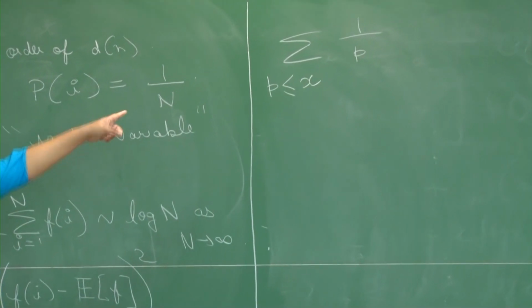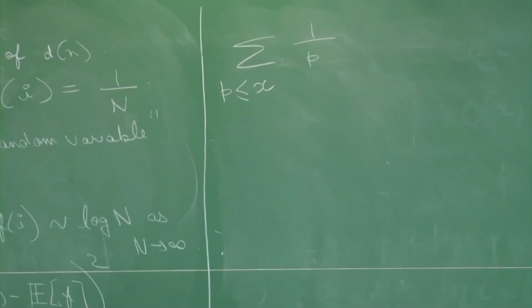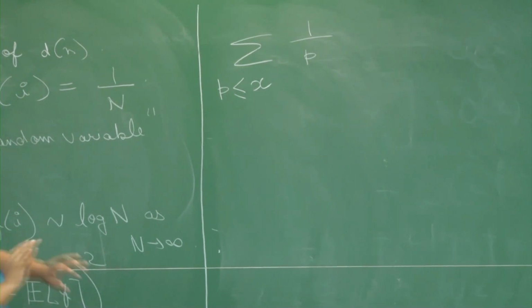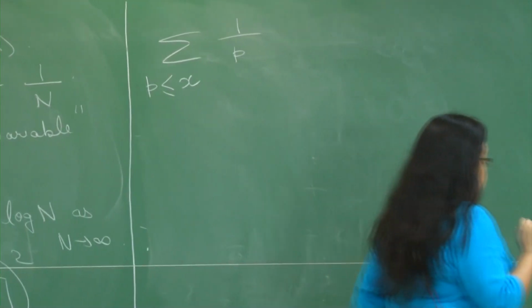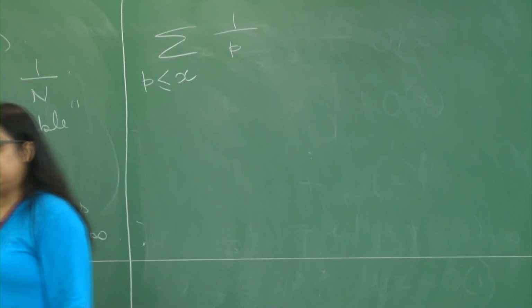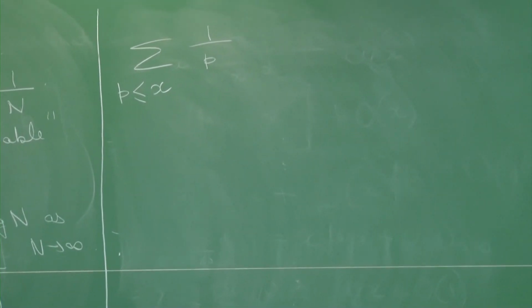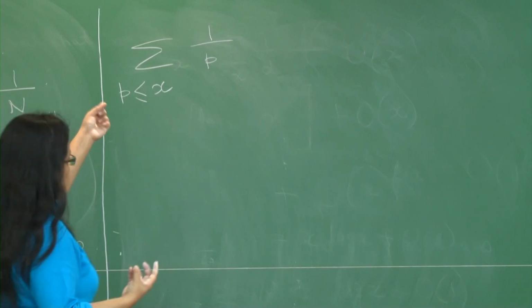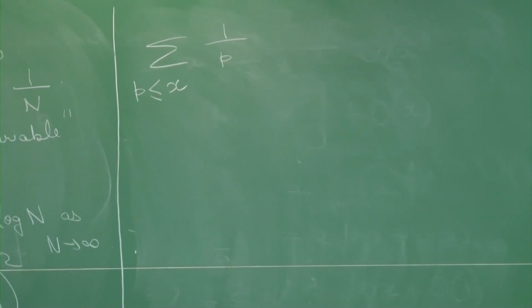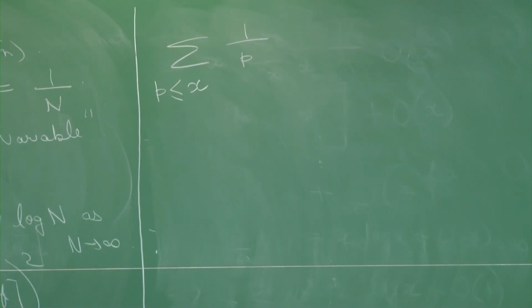We want to understand the growth of this function. Now, many things go into the study of this sum. Last time we had looked at certain other functions which are related to our study of the distribution of prime numbers, so we are going to invoke them again.